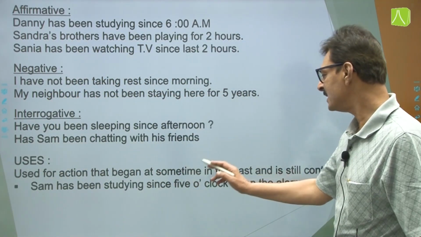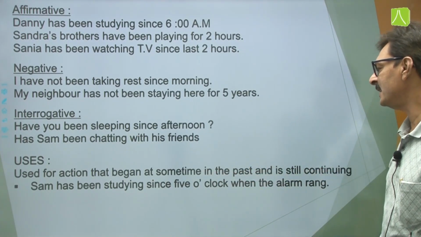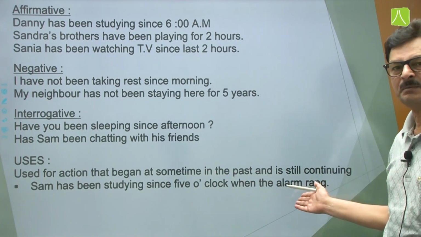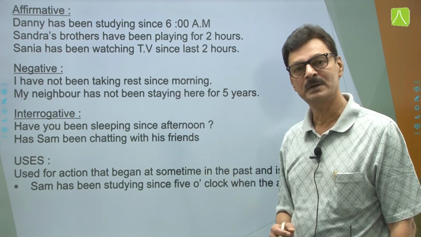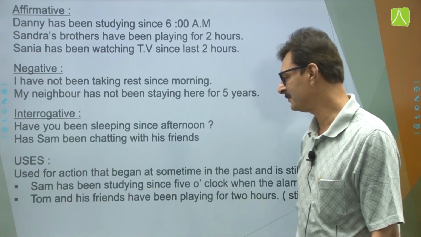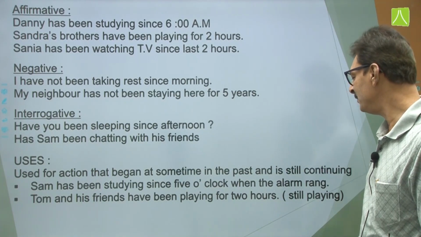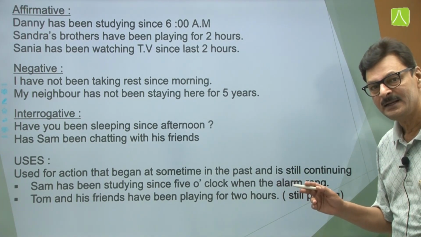So it is used for an action that began at some time in the past and it is still continuing. Sam has been studying since 5 o'clock when the alarm rang. तो जब उसका अलार्म बजा वो उसके पहले से 5 बजे से पढ़ता चला आ रहा था. A very studious student. Tom and his friends have been playing for 2 hours. क्या उनका खेलना खत्म हो गया? नहीं.